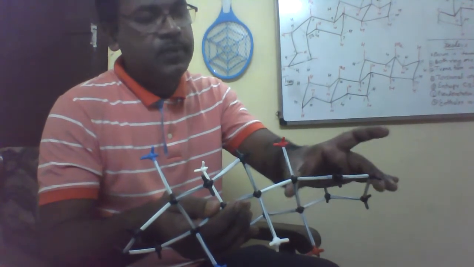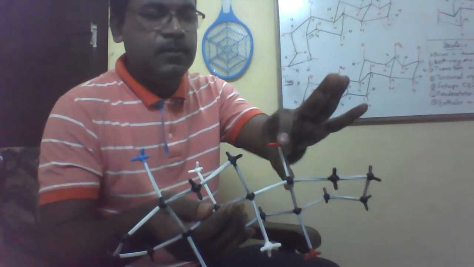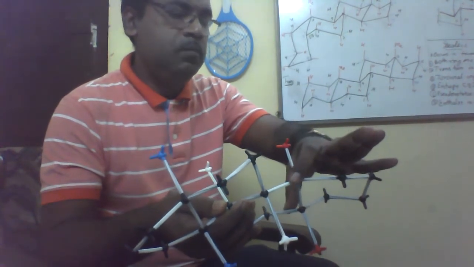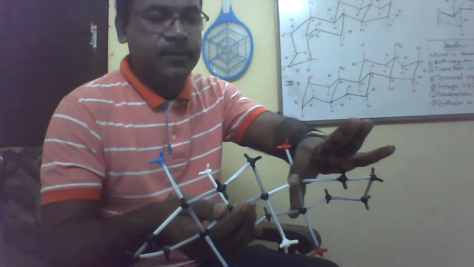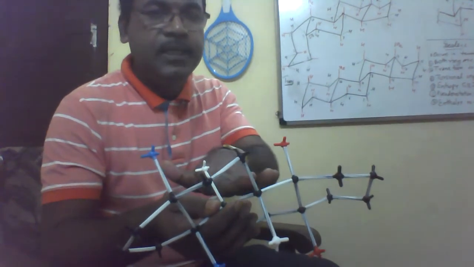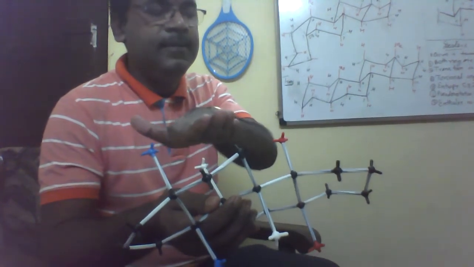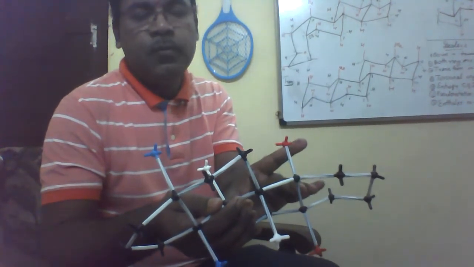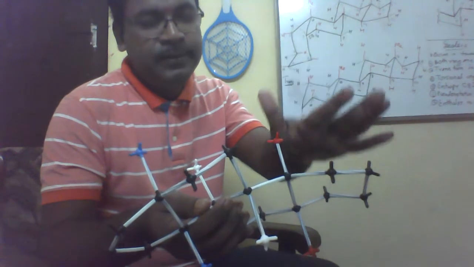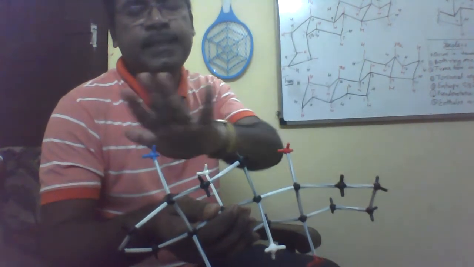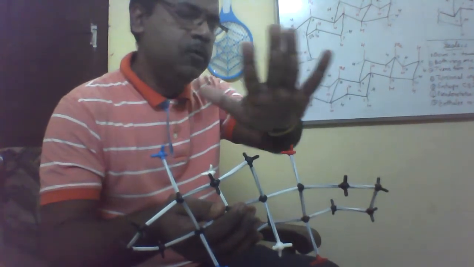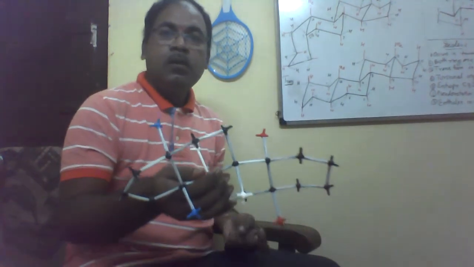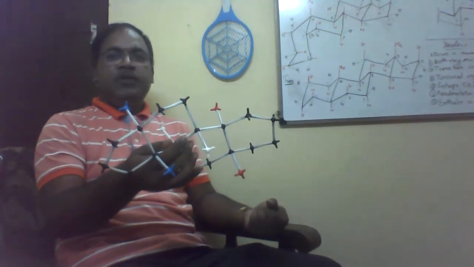So when one chair is joined with another chair, when they are trans-fused with each other, they are fused with equatorial bond fusion. When we consider the B ring and C ring, or the A ring, they are joined with equatorial bond fusion. When the A, B, C and D rings all have equatorial bond fusion, they are known as the trans conformation of steroid.